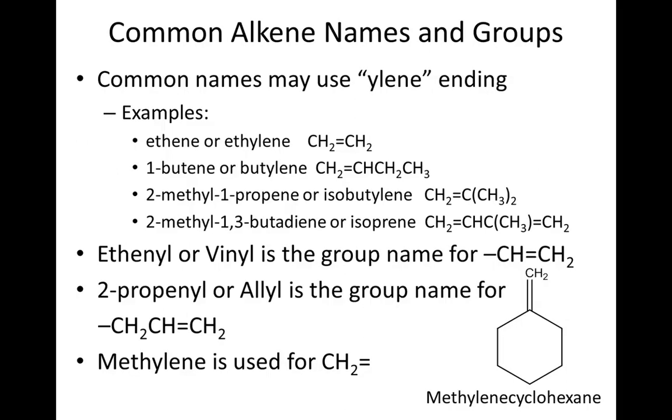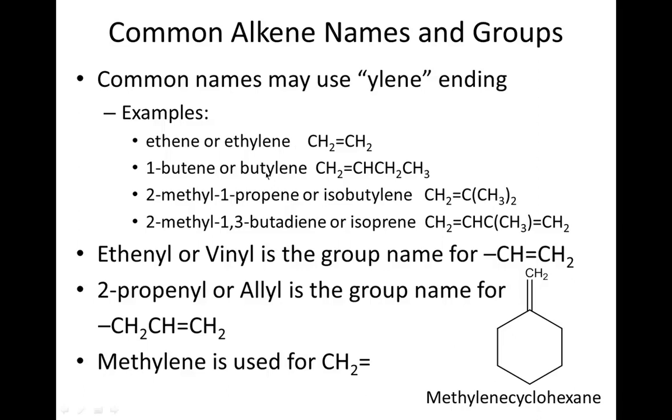Some common names that I want you to know for these groups are going to be important for several different reasons. Some of the common names use the -ylene ending. So ethene is the IUPAC name for ethylene, the common name for the 2-carbon alkene.